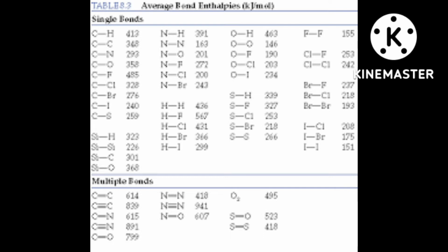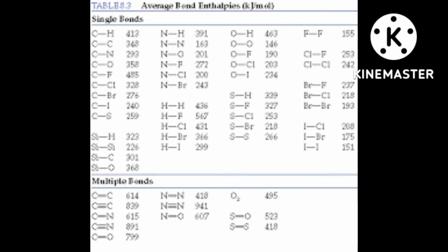It is possible to relate heat of reaction, meaning enthalpy of reaction, to the change in energy associated with breaking and making chemical bonds. By example, you will understand.